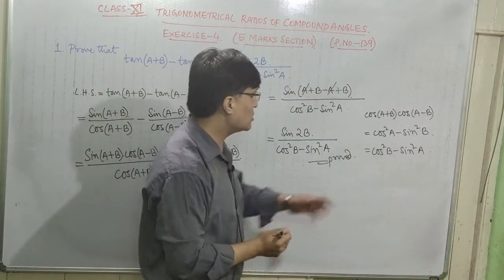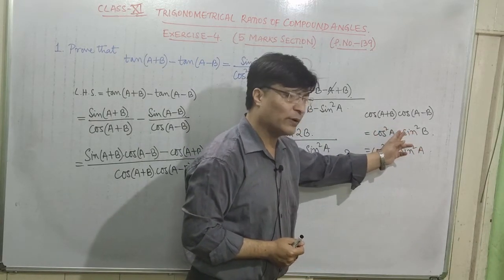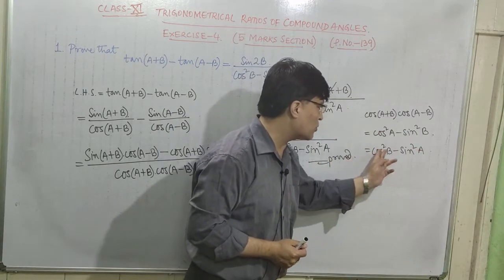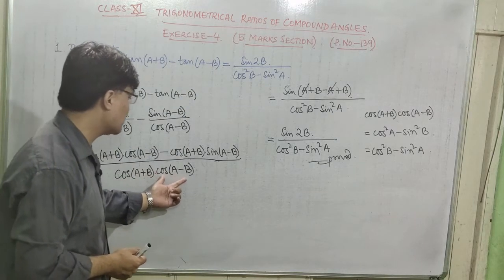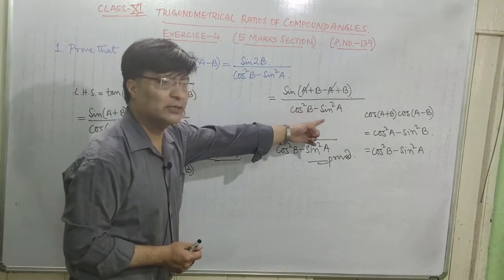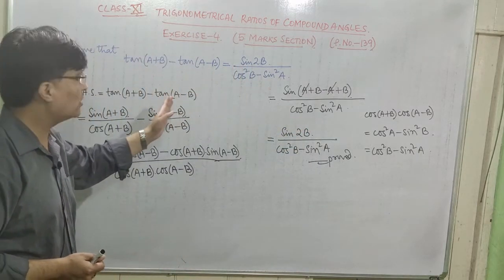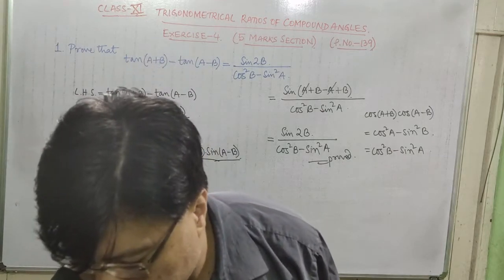So instead of cos square a, if you write 1 minus sin square a, and instead of sin square b, if you write 1 minus cos square b, and if you simplify it, you will get cos square b minus sin square a. So the formula for cos of a plus b into cos of a minus b is cos square b minus sin square a. So we have proved the required result. So I think you have understood it, so you can copy it. Now we'll do the next question.